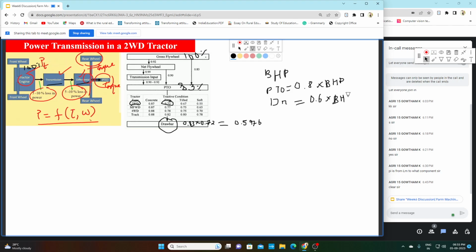But why are we assuming this? We are assuming this because, due to the transmission in the engine and all, we are getting a reduced power.